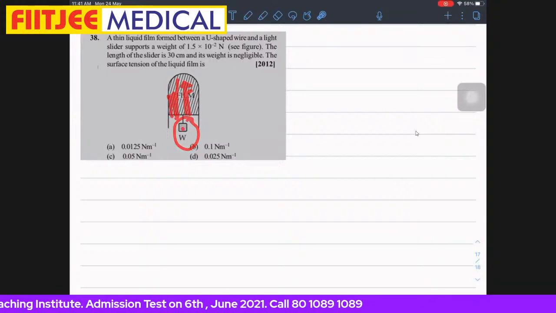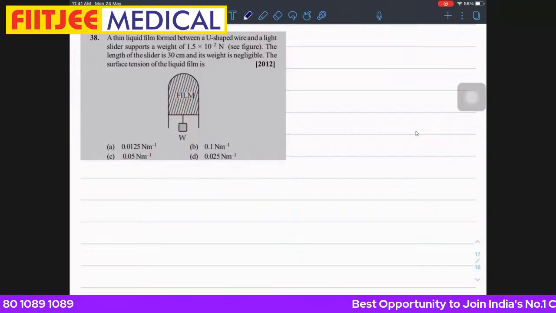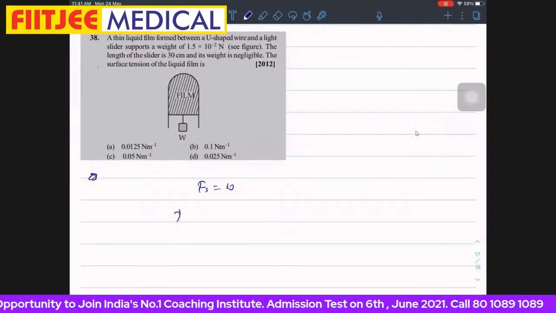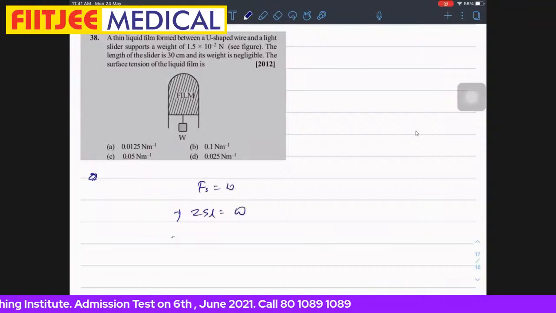It is here in equilibrium, which means what? The weight W which applies a force should be balanced by this force which is acting up. So the surface tension force should be equal to the weight. Try to understand, one surface is there on the top and one on the bottom. So 2SL should be equal to W. They're asking for surface tension.